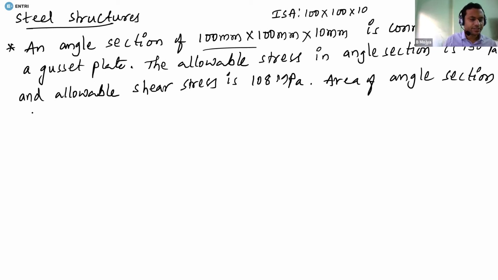Area of angle section is 1903 millimeter square.